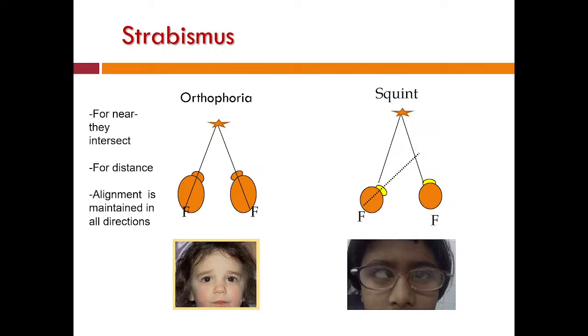Okay, because in this eye the fovea is shifted temporally, and therefore this is not falling on the fovea. It is falling somewhere else on an extrafoveal point. And because of this reason, it is a squinting eye. Okay. So this child's eye axes are not aligned to each other. The direction of the fovea, the visual axis, has to be this, but since the eye is deviated inwards, the image is falling on some other extrafoveal point.